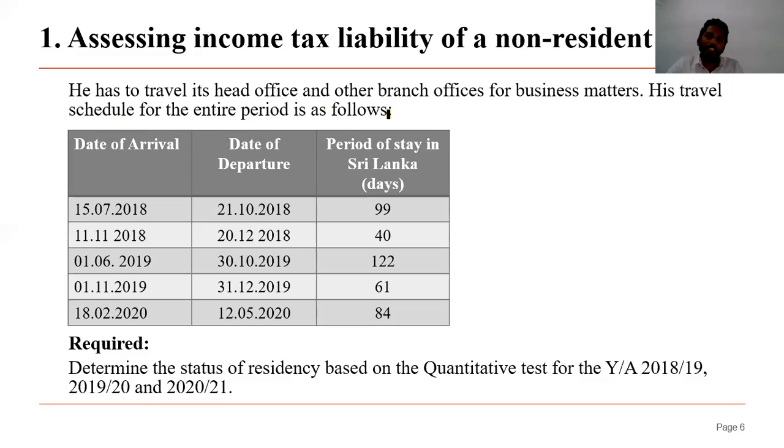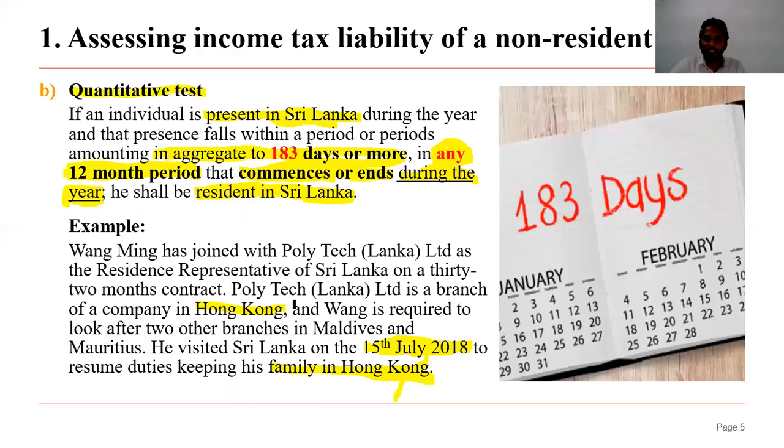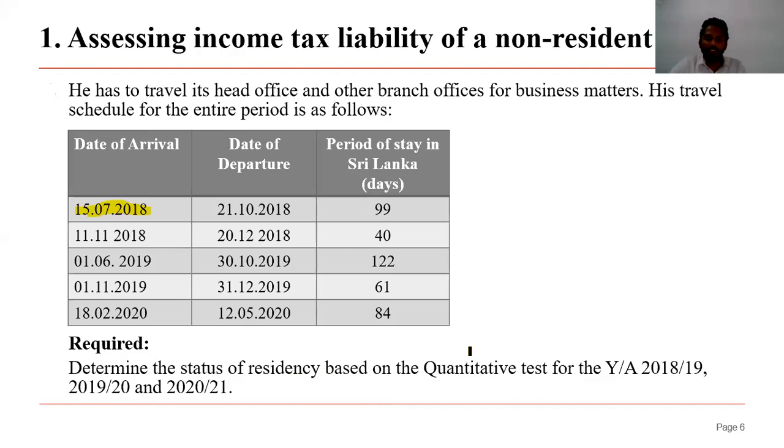So, in the travel schedule they have given the first date of arrival, 15 July 2018. Is it correct with what we said in the scenario? Yes, 15 July 2018 is correct. In the schedule also it is the same. They came initially to commence the work on 15 July 2018.